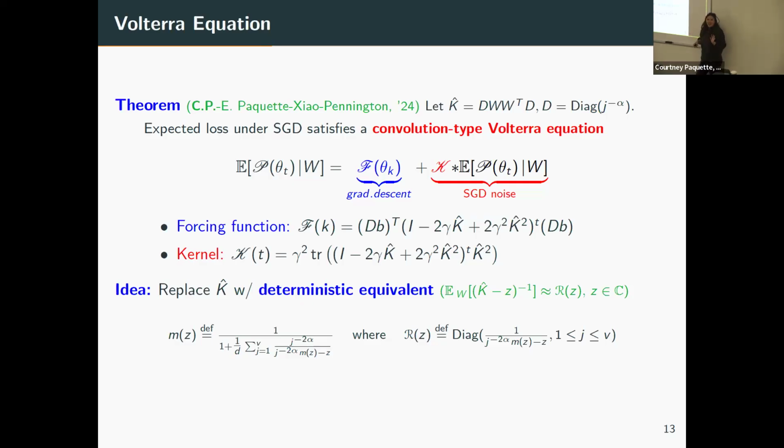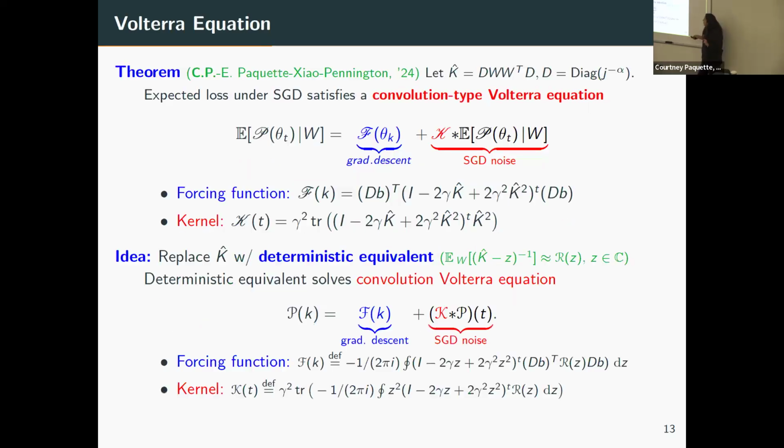You can write down how those things behave deterministically. So you can replace the random matrix with the deterministic matrix, and you get a deterministic expression for the exact behavior of SGD on this problem.